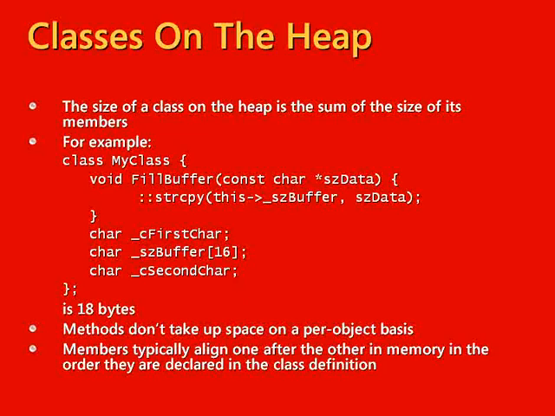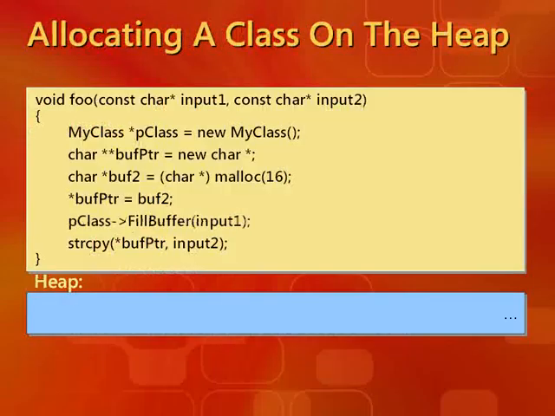It's also important to recognize that members typically align one after the other in memory in the order they are declared in the class definition. There are optimizing compilers that might change the order, and there are ways you can potentially use pragmas to change the packing order, but for most cases, especially in debug mode where the compiler will not impact the layout of your structures, you'll typically find that they run in the order that you've defined them in.